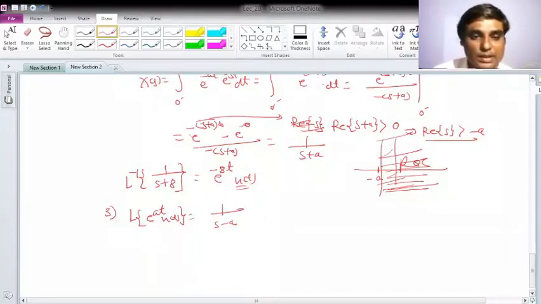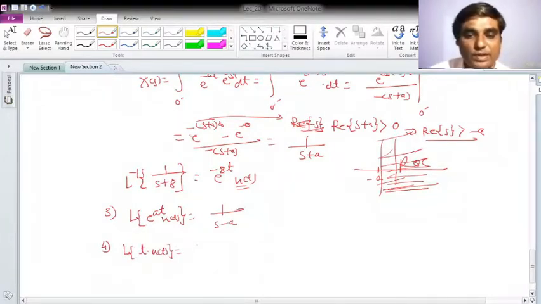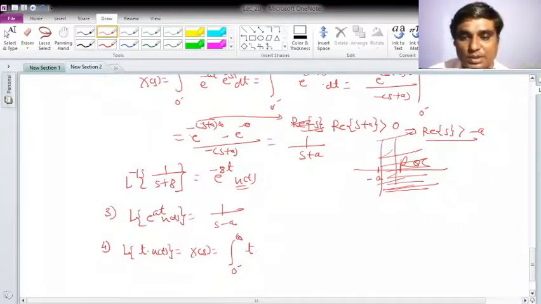Again, if I would like to find the Laplace transform of t into u of t, which is your ramp signal, we can go with the same approach: integral from 0 negative to infinity of t into u of t e raised to minus st dt.